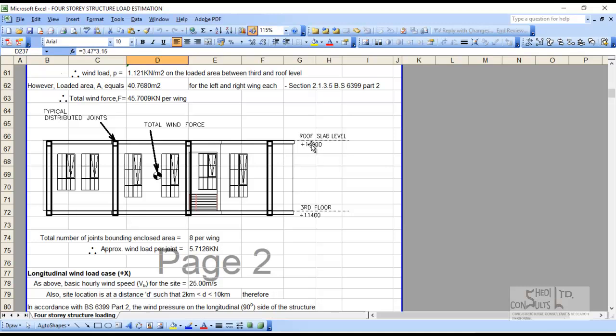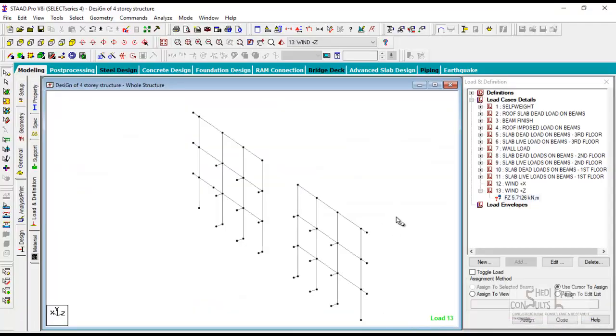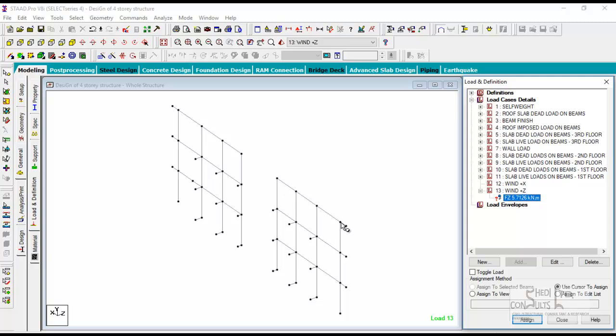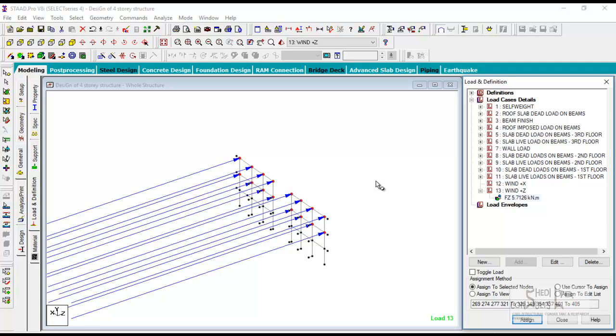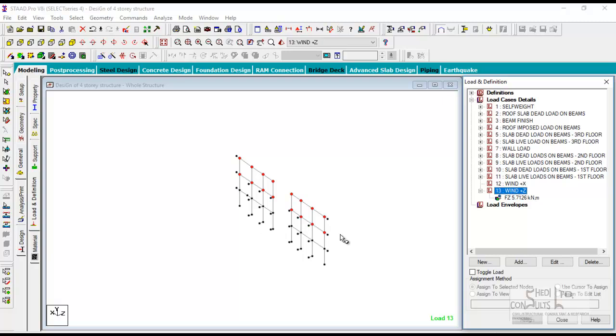Yes, you are correct. So we are going to apply it on these tributary joints. Here, here. Great, because that's a closed area, right? In the same vein, these are this elevation.